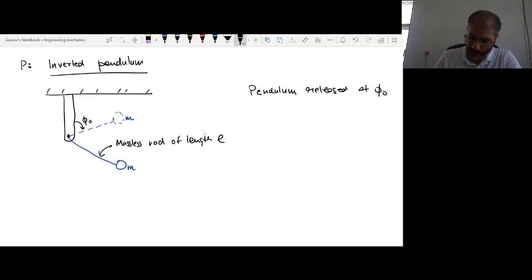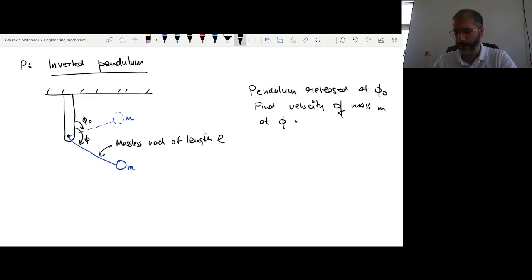So our job is to find the velocity of the mass m at a general angle phi.